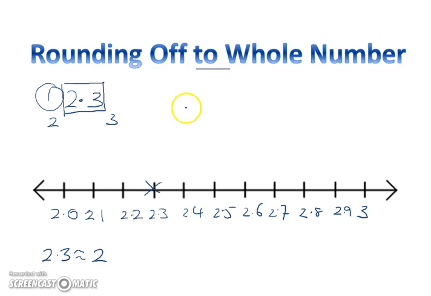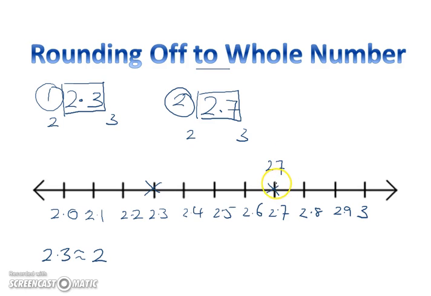Let's try again. If I have a number like 2.7. One more time, let's check. This number will either round down to 2 or round up to 3. What would it be? Same thing, mark your 2.7 first.